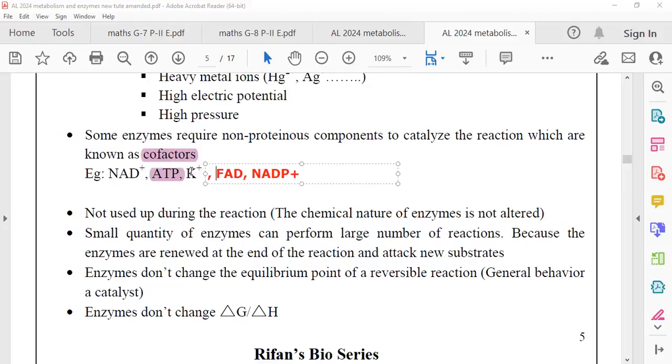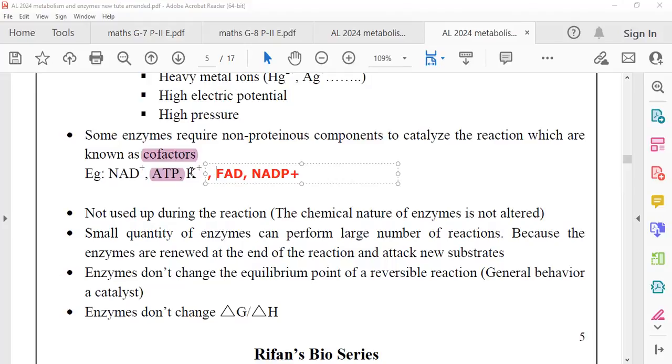At the end of the reaction, they will be remaining as they are.